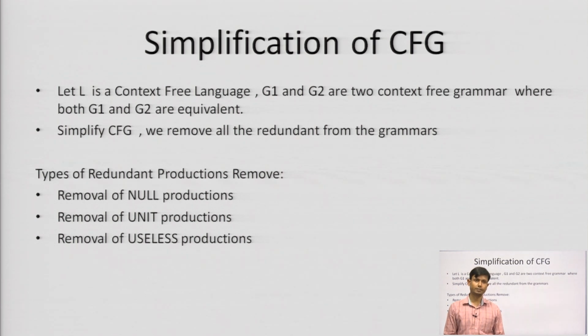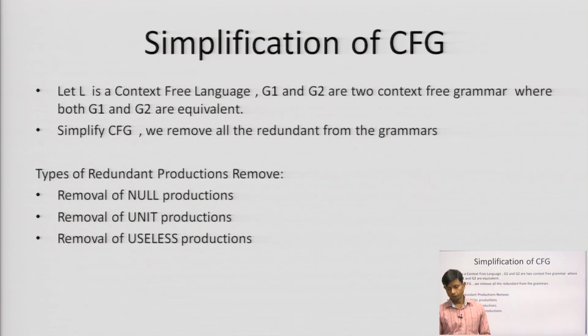When you go for the Chomsky normal form of a context free grammar, you have to remove all three types of redundancy first, and then you can go to the Chomsky normal form. Likewise for Greibach normal form, you first have the context free grammar, then you simplify it, remove all the redundancy, then go for the Greibach normal form. Later on we will see what Chomsky normal form and Greibach normal form are.